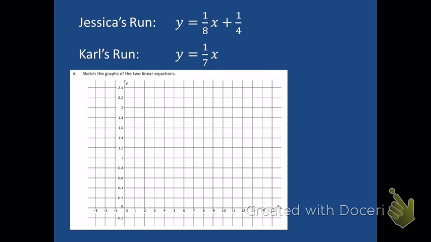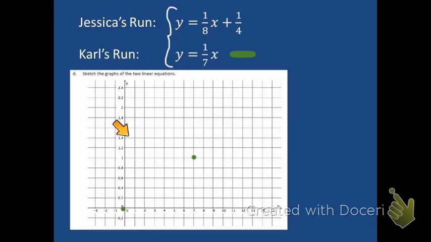Okay, so here's our system of equations, and I'm just going to add the brackets there to show that we have a system. And when I did that, my points came up too. So I've already started plotting Carl's run. Y equals 1/7 x. I put 2 points on here, of course, when x is 0, y is 0.